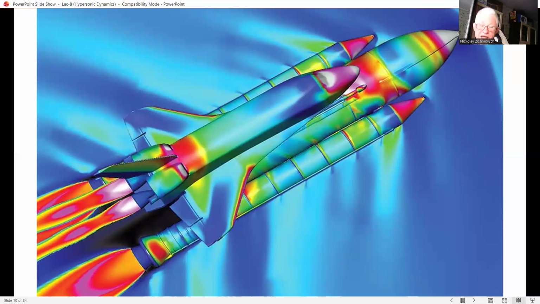Okay? As a final introductory note, advances in CFD now make possible the three-dimensional unsteady flow field solution over complete flight vehicle configurations.